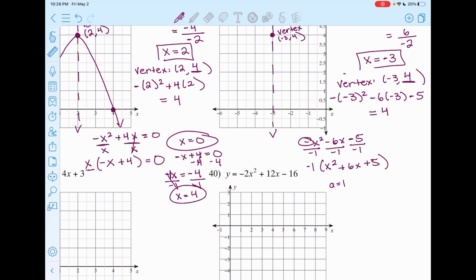Now my a value is positive 1, my b is positive 6, and my c is positive 5. 1 times 5 is 5, and I put 6 on the bottom. Two numbers that multiply to 5 and add to 6 are 5 and 1. Then I put my a value on top, and my factors are x plus 5 and x plus 1.